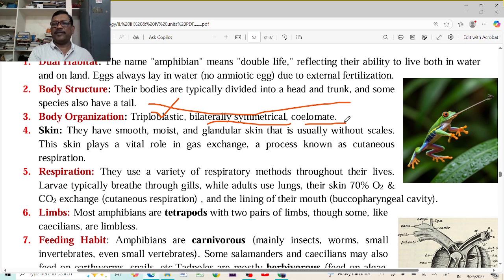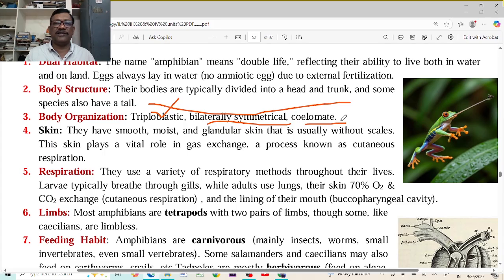Annelida, arthropoda and mollusca are schizocoelomates, because the coelom is formed in the body by splitting the mesoderm during gastrulation. But in echinodermata, hemichordata and all chordates, the coelom is formed from the mesoderm, which is developed from the enteron endoderm.